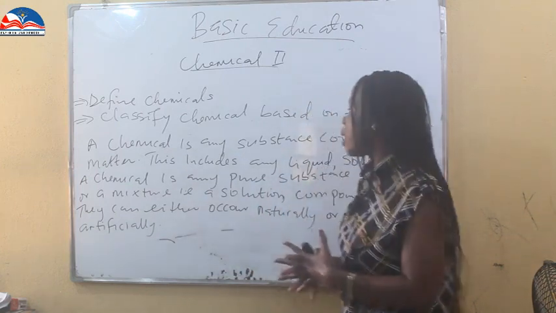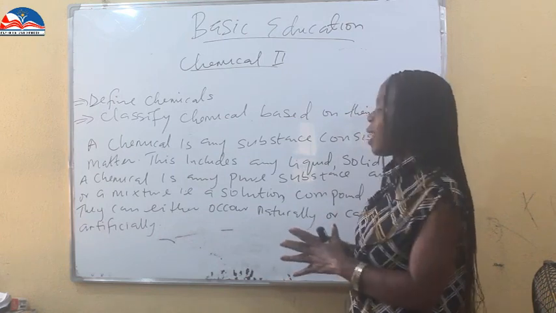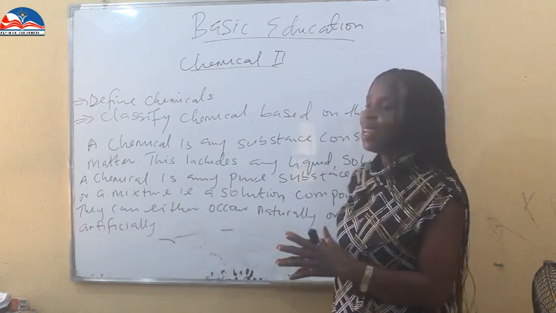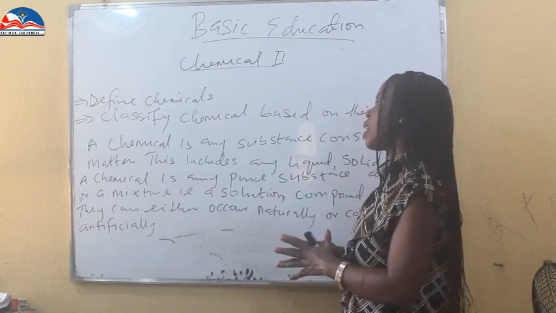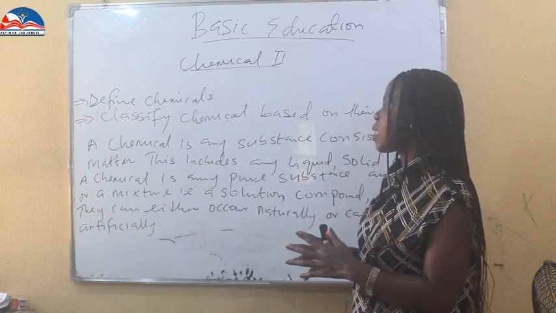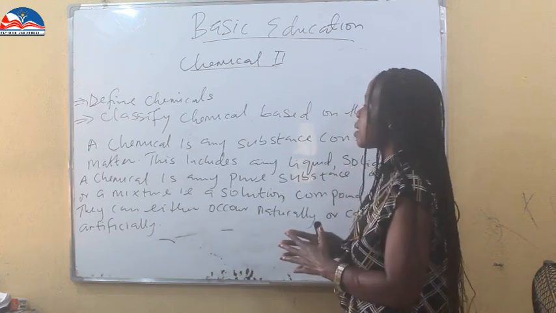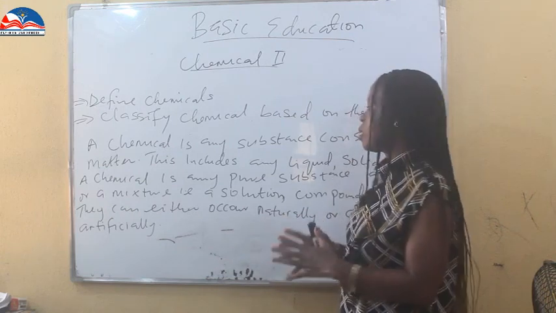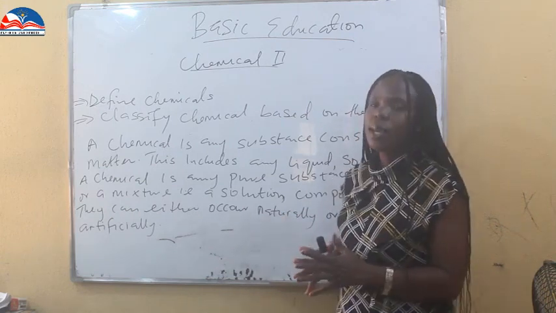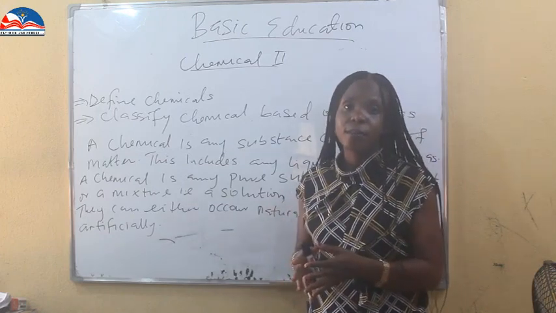If you look at the explanation we have here, we said these include any liquid, any solid, or any gas. We said that a chemical is a pure substance, and this pure substance can be an element. This substance can be a mixture, a solution, a compound, or a gas.